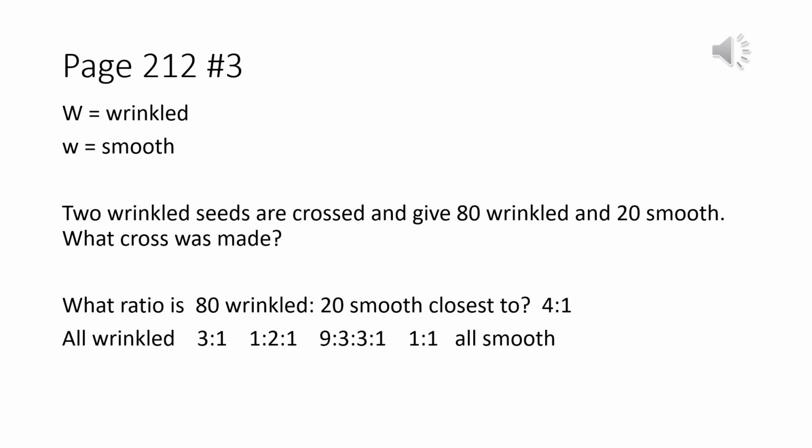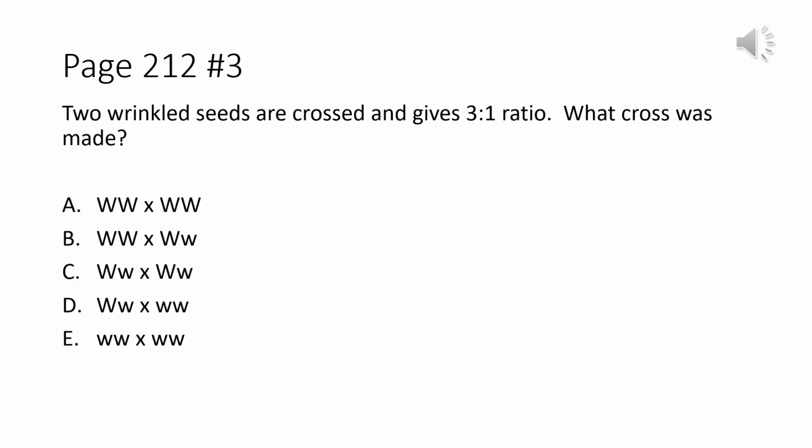But our ratio is a 4-to-1 ratio. What's it closest to? All wrinkled plants? 3-to-1, 1-to-2-to-1, 9-to-3-to-3-to-1, 1-to-1, all smooth? It's closest to a 3-to-1 ratio. So, if you're crossing two wrinkled seeds and it gives a 3-to-1 ratio, what cross was being made?